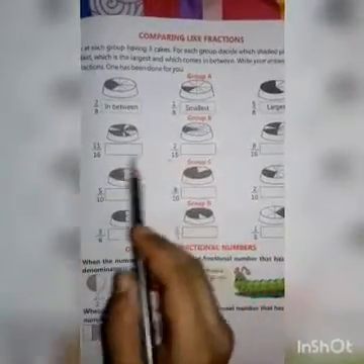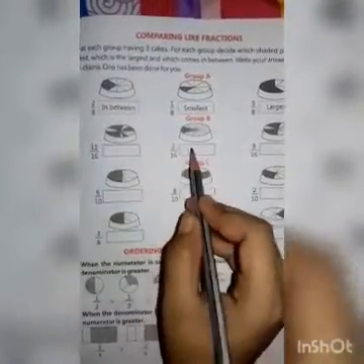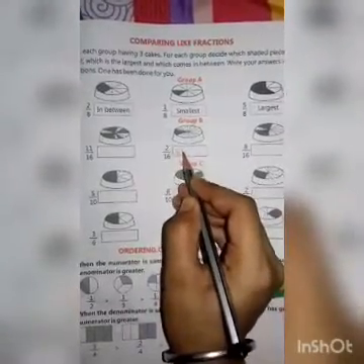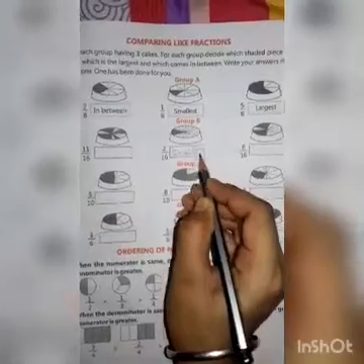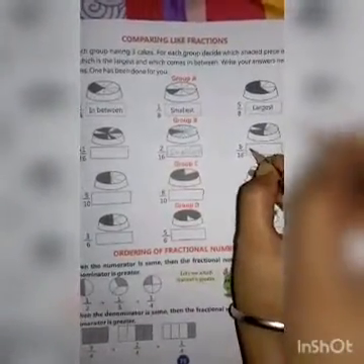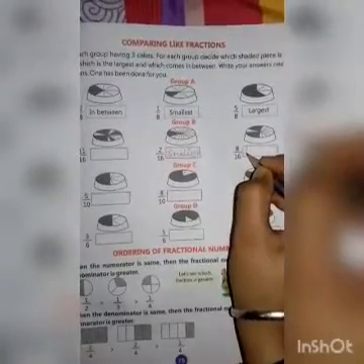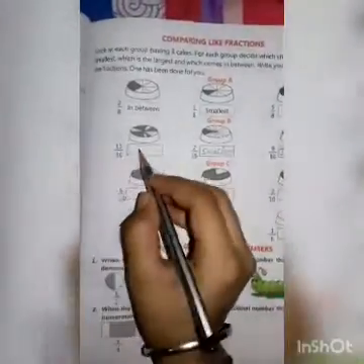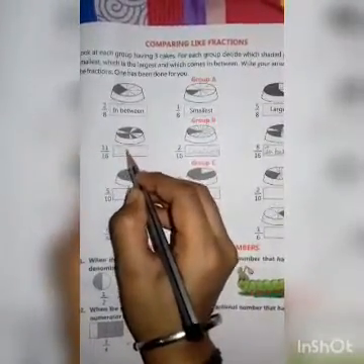Which is the smallest numerator? Here it is 2, so 2 by 16 is the smallest, 8 by 16 in between, and 11 by 16 is largest.